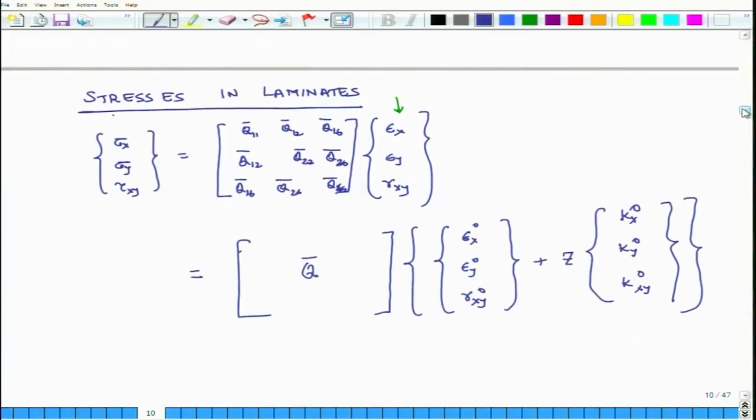Okay. And here I will put a subscript k and I will also put a subscript k. And what does k indicate?